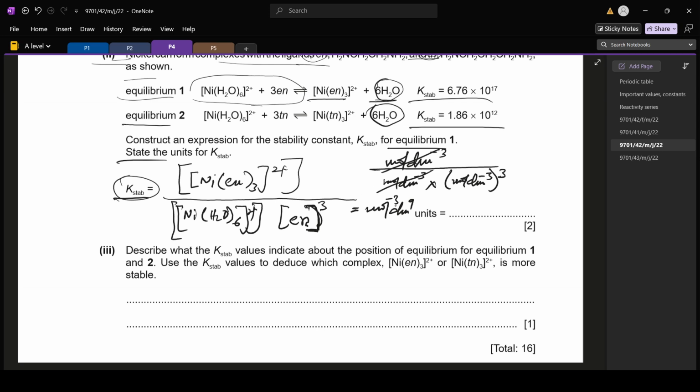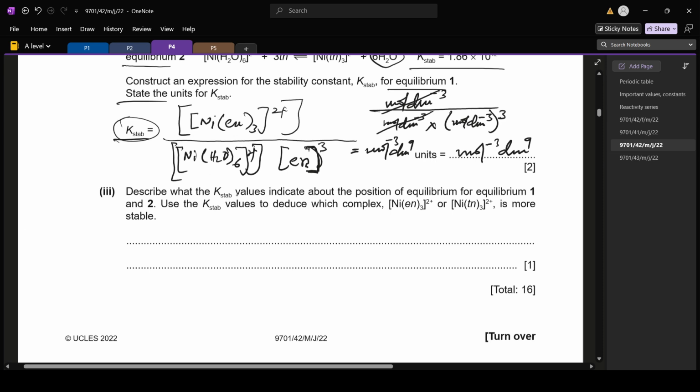So these are the units. Now describe what the K stability value indicates about the position of equilibrium for equilibrium 1 and 2.